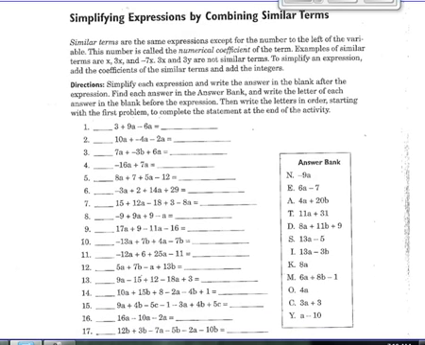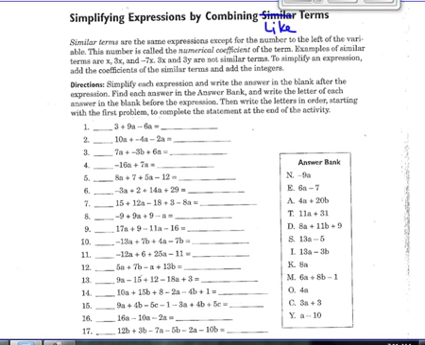The next sheet is simplifying expressions by combining similar terms. We don't use the word similar terms, but if you see it, it means the same thing. What we've been using is like terms. When I go about trying to combine like terms, I'm just looking for the like terms.